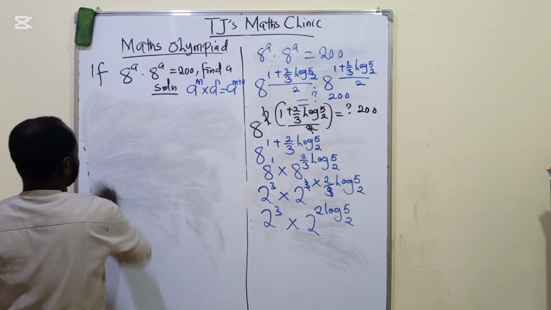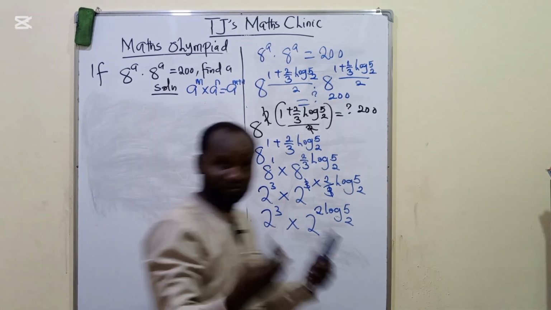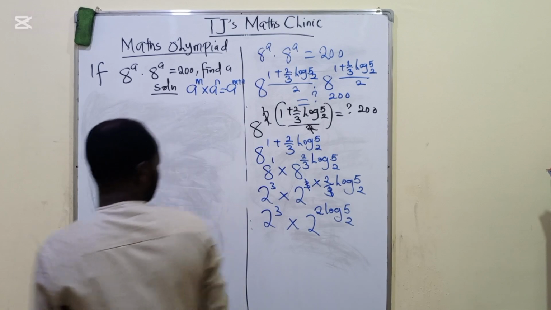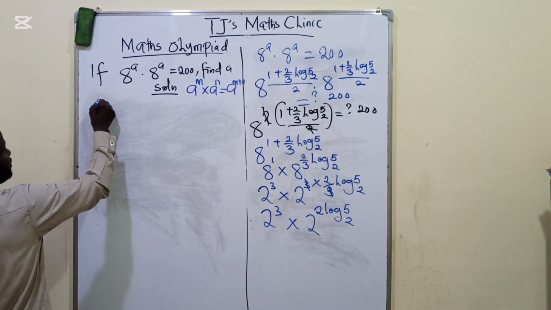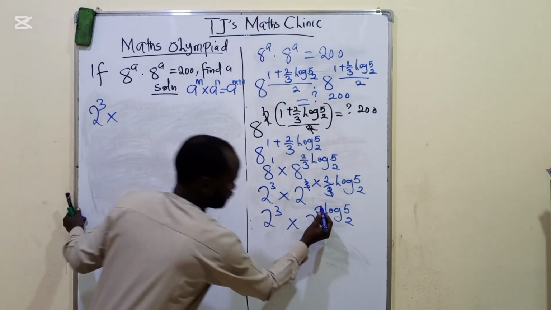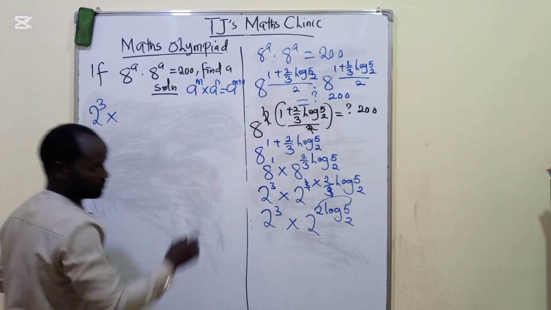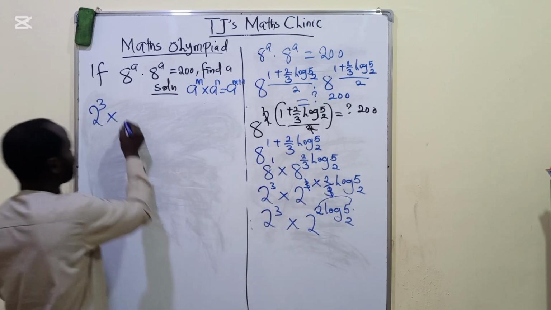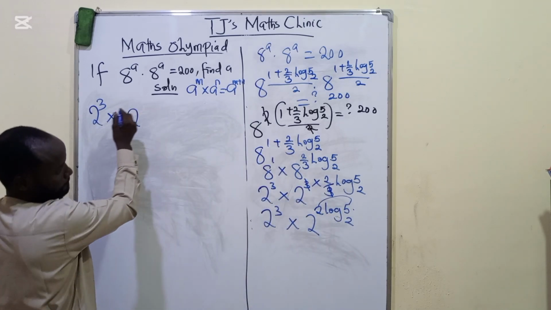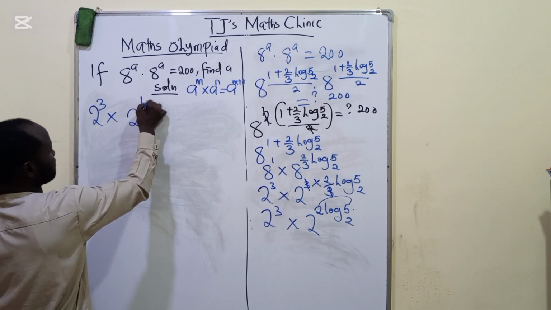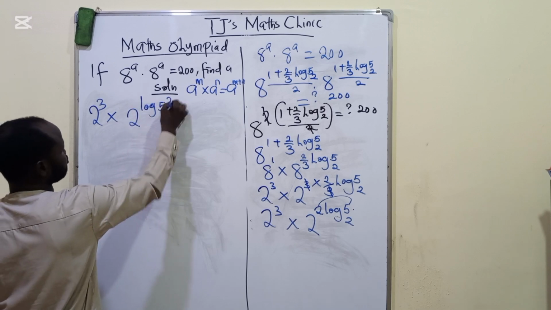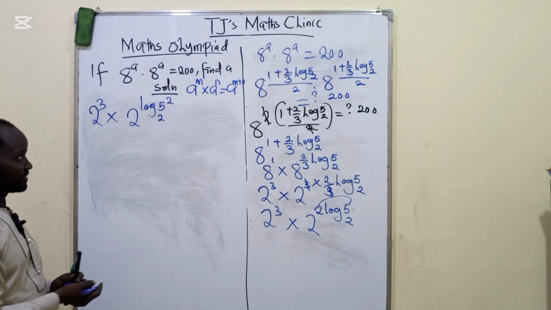Our aim now is to see whether this left hand side will give us 200. We're left with 2 power 3 times 2 power 2 log 5 to base 2. These 2, we can bring it backward to the front rather here, so that we can have 2 power log 5 power 2 to base 2. Very important.